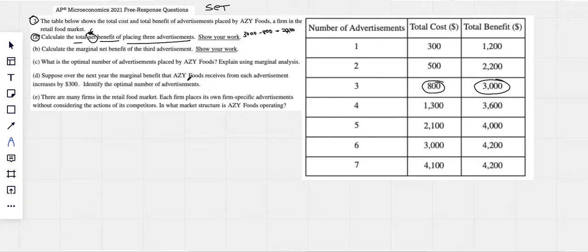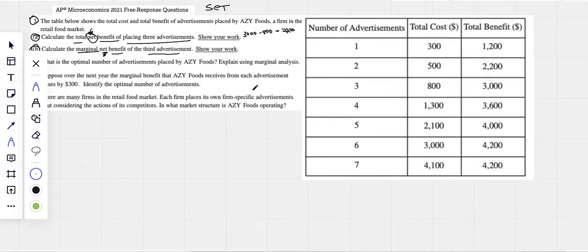So let's try B, calculate the marginal net benefit of the third advertisement. Now, if they give you total, you can be pretty sure that sometime, somewhere, you're going to have to do marginal. So we should, by this point, hopefully know how to find our marginal for the third one. We go from 5 to 8, 300.